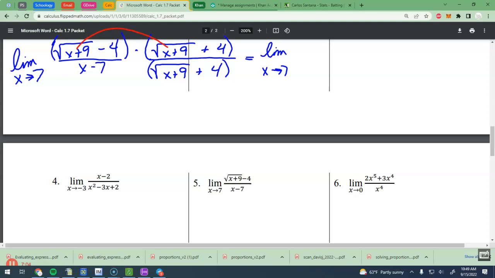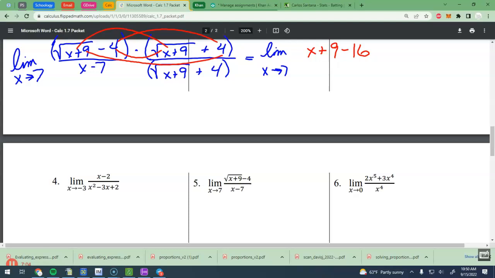So root x plus 9 times root x plus 9 is x plus 9. Then you would have positive 4 times root x plus 9 and negative 4 times root x plus 9. So what would happen to those two things? They just cancel out, right? And then you have negative 4 times positive 4, which is minus 16. With me? That's kind of the key step.